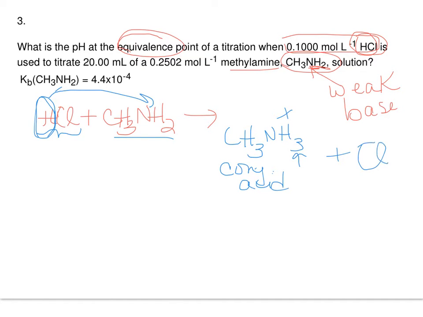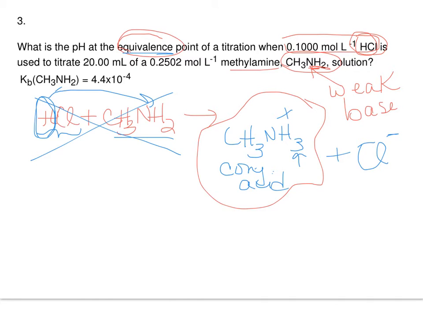We have chloride anion. So remember, we're at the equivalence point, which means all of the reactants have been reacted with each other. They're gone. And the only active ingredient you have at the equivalence point is this conjugate acid of the weak base.